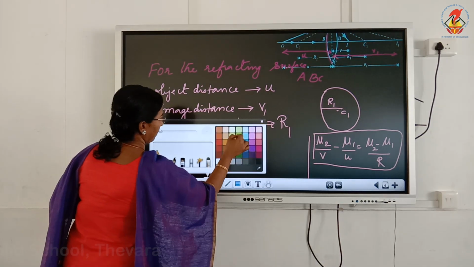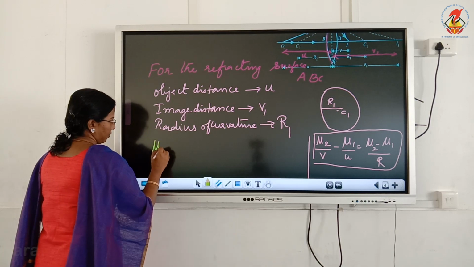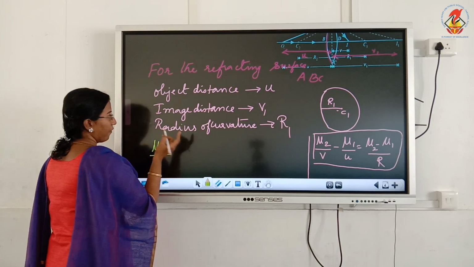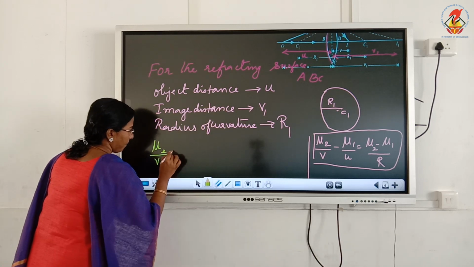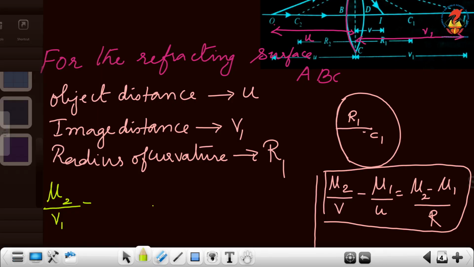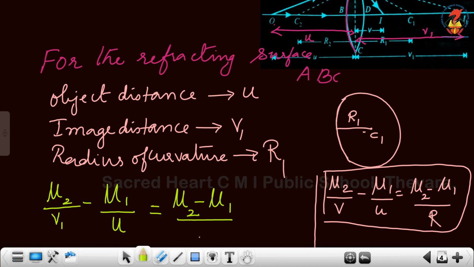Our equation will be mu2 by V1, the image distance, minus mu1 by the object distance U, is equal to mu2 minus mu1 divided by R1.